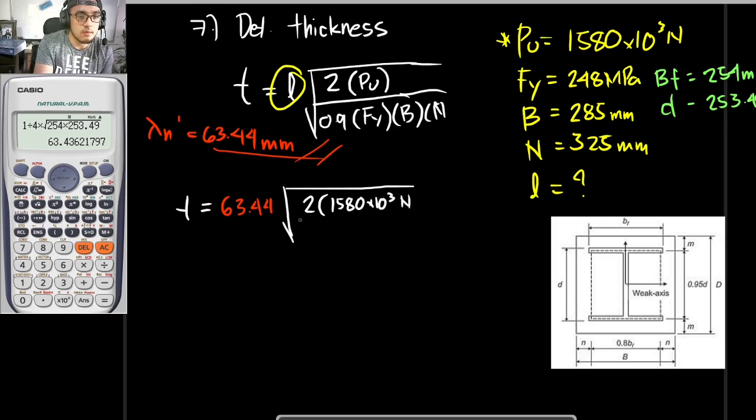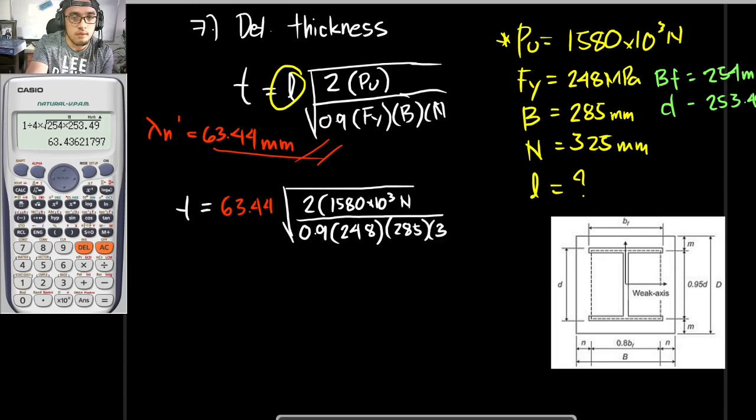So divided by 0.9, and our Fy would be 248. And our B and our N would be 285 and 325 millimeters respectively. So solving for this, we already have the thickness of our base plate.